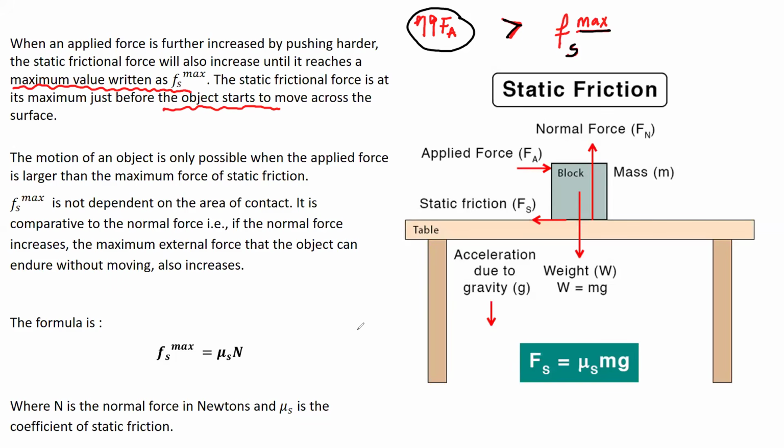And so by definition, by calculation, the maximum static frictional force is given as mu_s N, where N is your normal force.